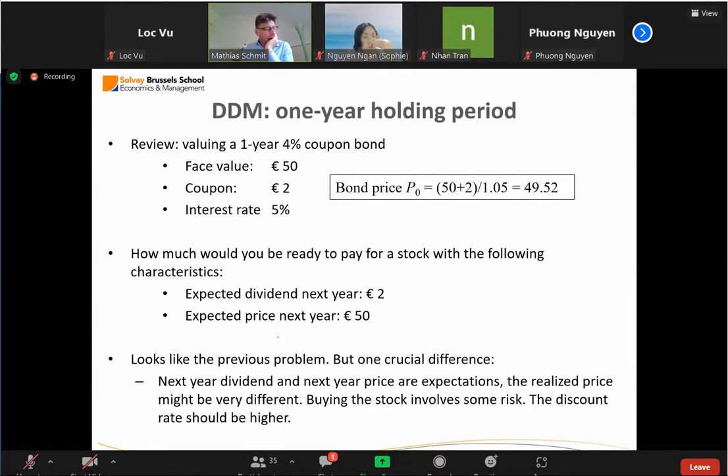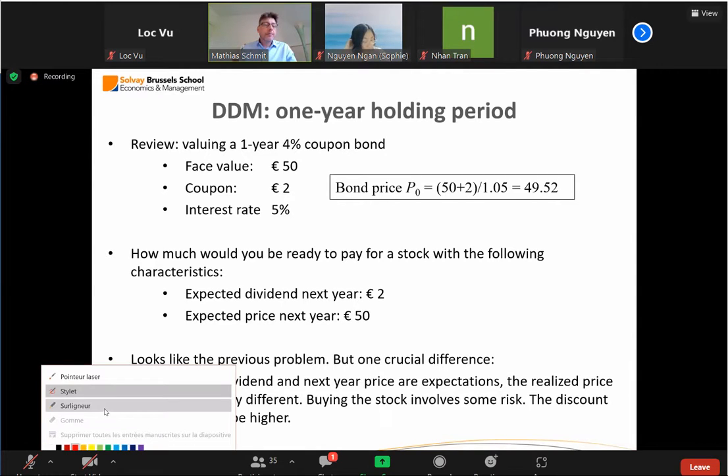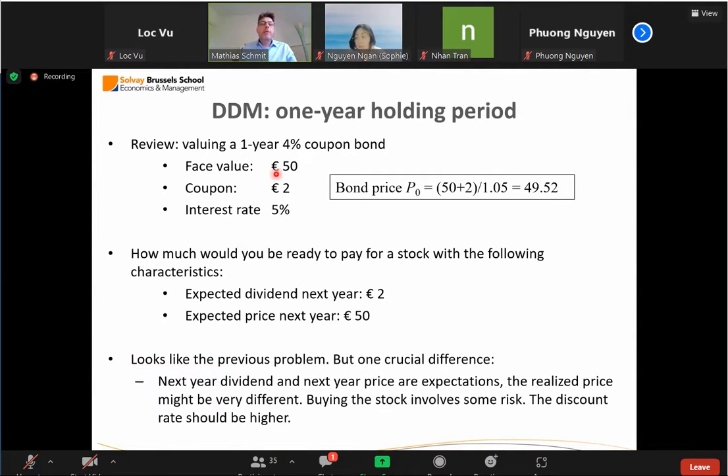Here, that's quite important, how to value this. Let's come back to a bond. A bond with a face value 50, coupon 2, 5% over a year.